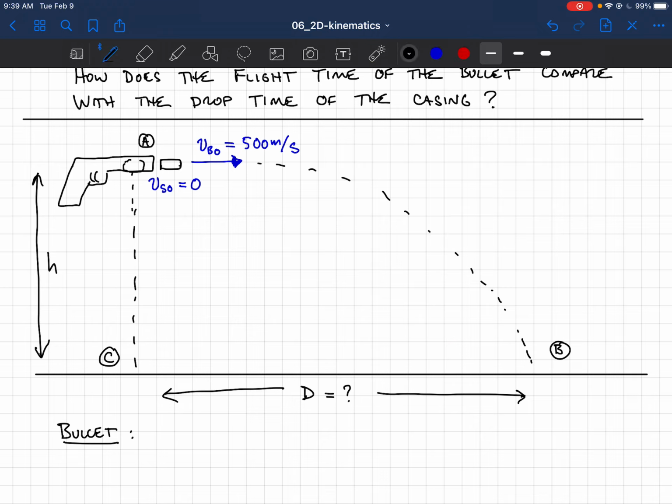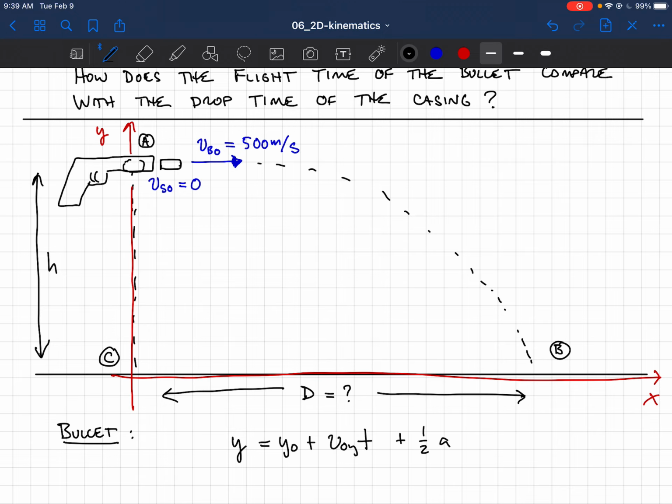So let's look at the vertical equation, and I should give myself a coordinate system. Let's call this the y-axis, and we'll call this the x-axis. So in the vertical direction for the bullet, we have y is equal to y0 plus v0y t plus 1/2 ay t squared.